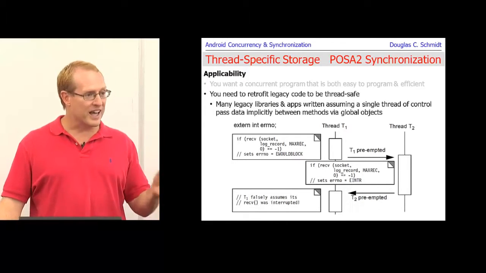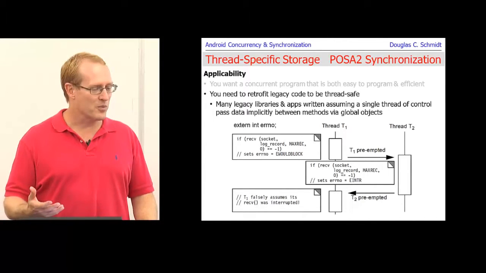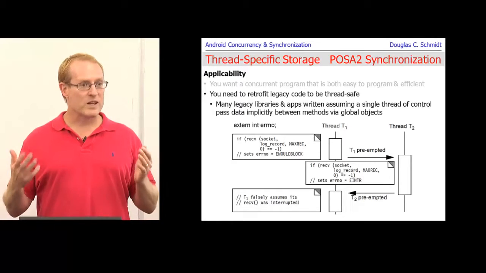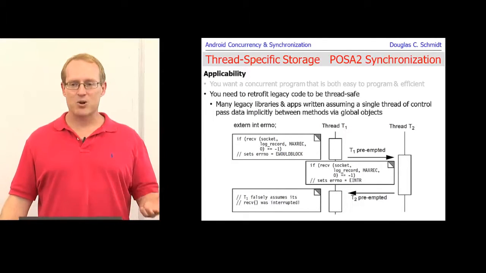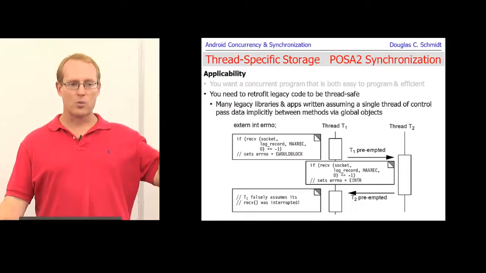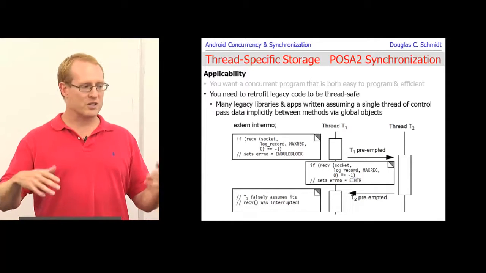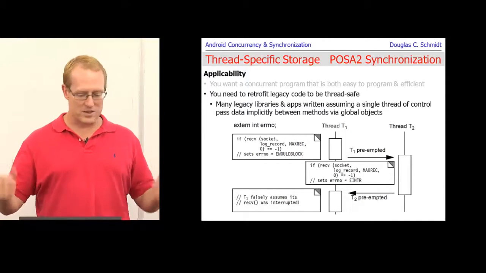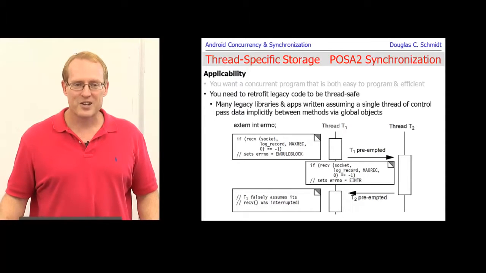So historically, errno is a value that stores the last reason why something failed, if something fails. Historically it was stored as an int, and it was a global int. So if you wanted to access errno, you just said extern int errno, and there it was.